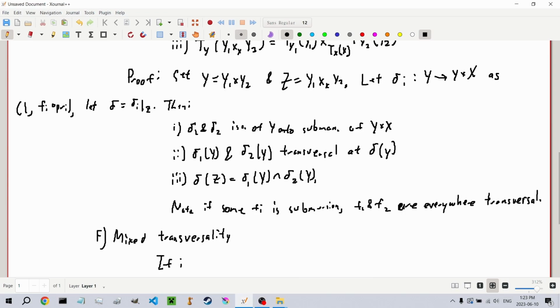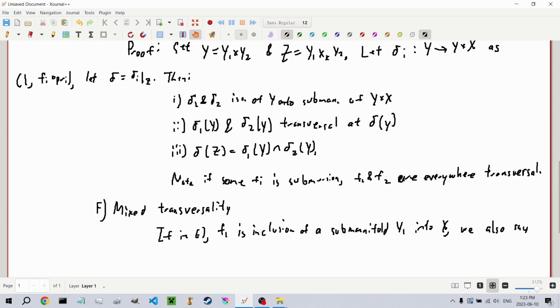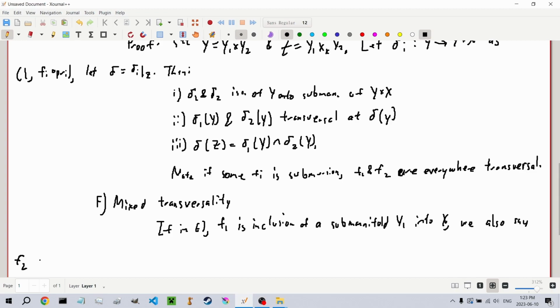So in the setup we have, if f1 is an inclusion of a submanifold y1 into x, we also say f2 is transversal over y1 at y if f1 and f2 are transversal at y.